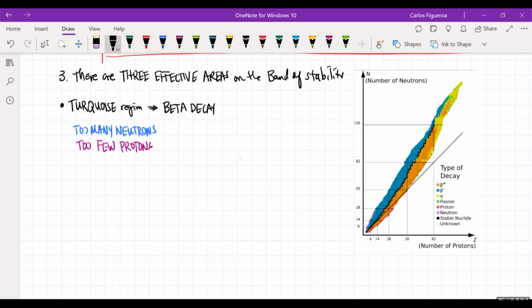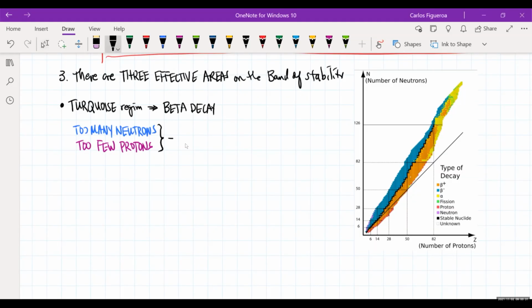So if you look at a beta decay, here's what you're going to find. What does it do?